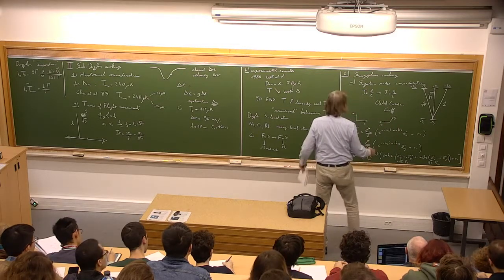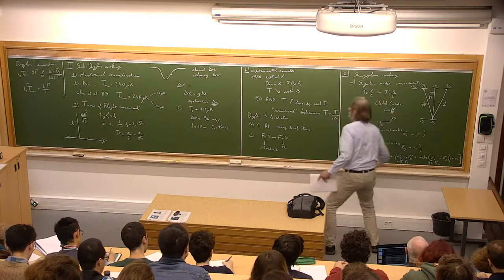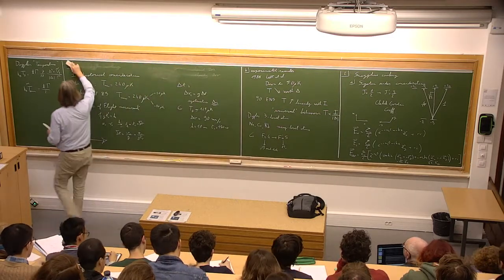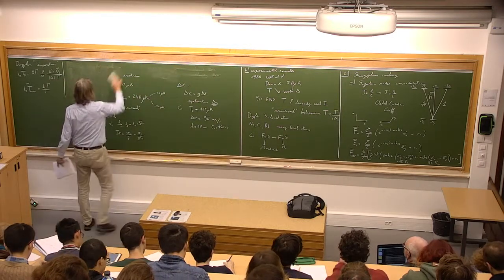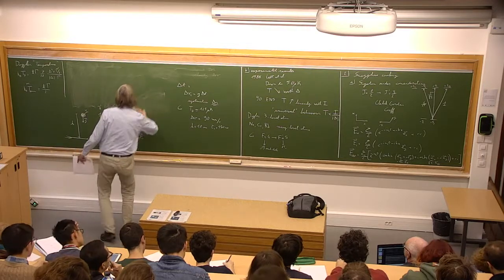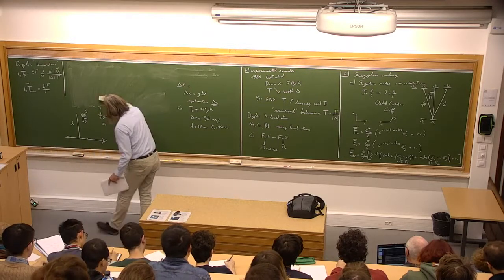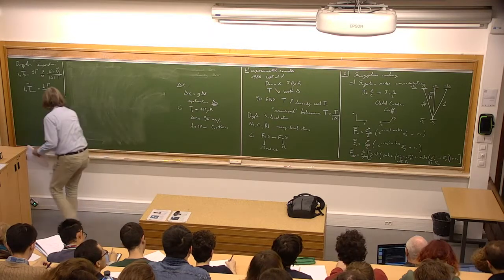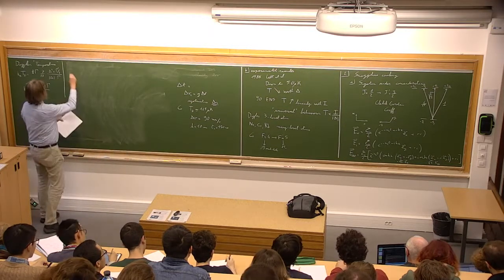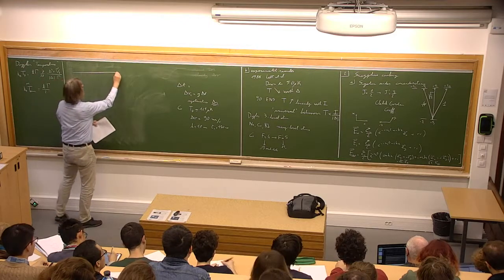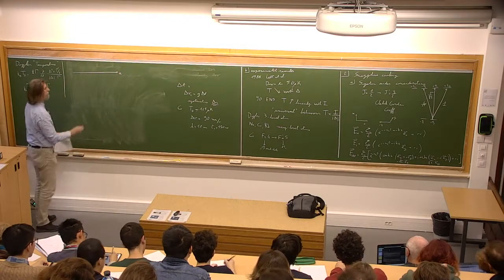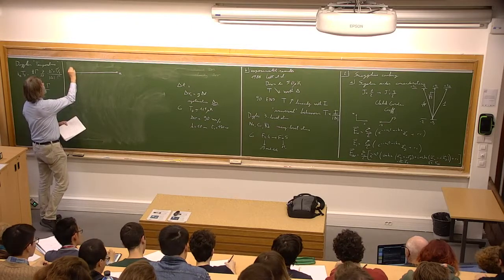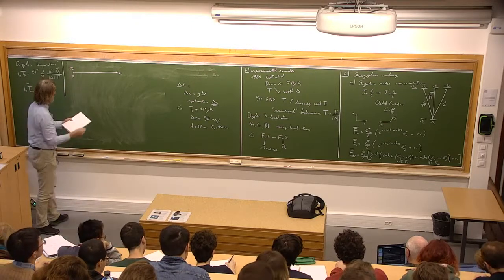And so this means that the resulting field, if I plot along the z direction, at 0 I have sigma plus polarized light.